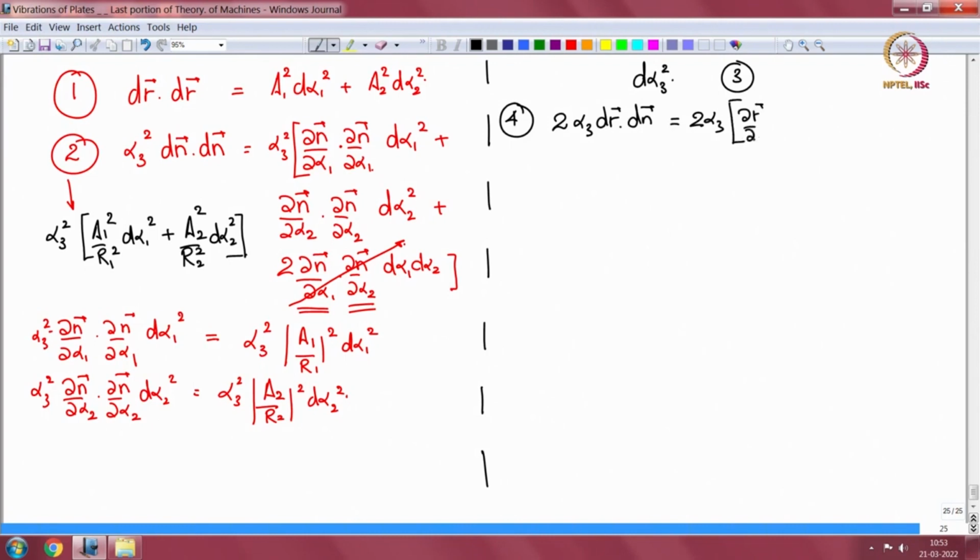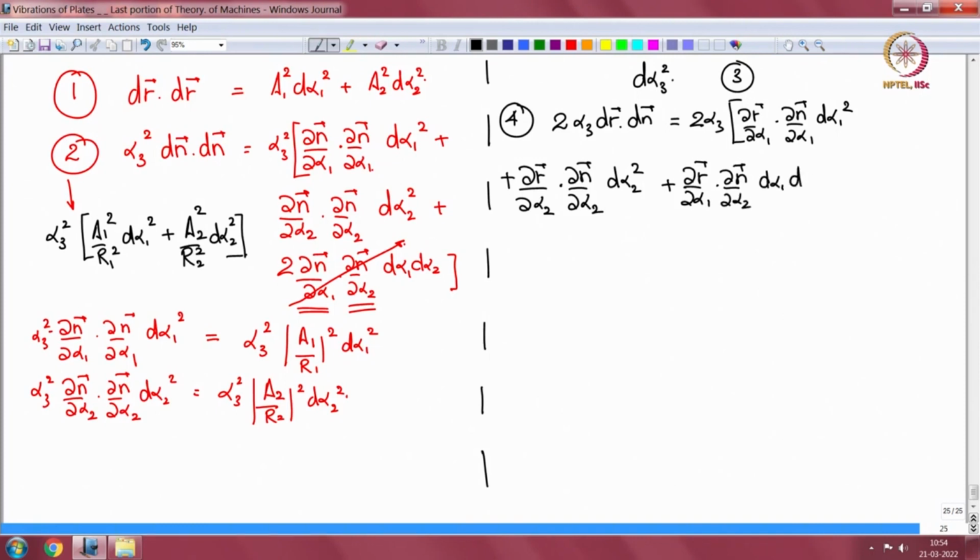Del r by del alpha 1 dotted with del n by del alpha 1 d alpha 1 squared, plus del r by del alpha 2 dotted with del n by del alpha 2 d alpha 2 squared, plus del r by del alpha 1 dotted with del n by del alpha 2 d alpha 1 d alpha 2, plus del r by del alpha 2 del n by del alpha 1 d alpha 1 d alpha 2.